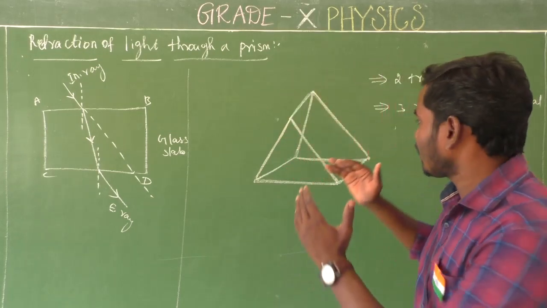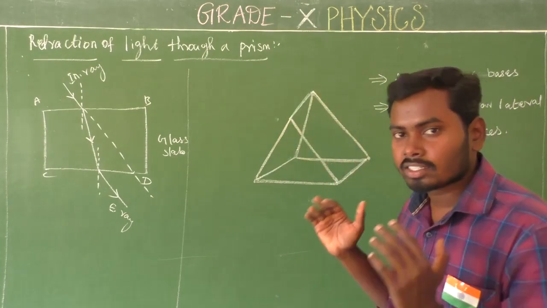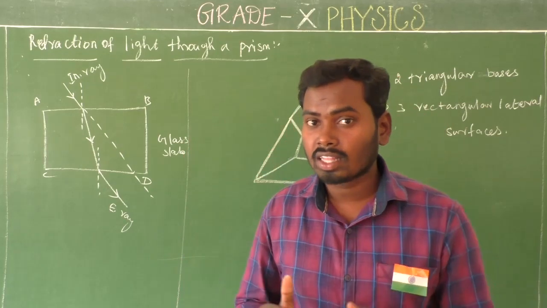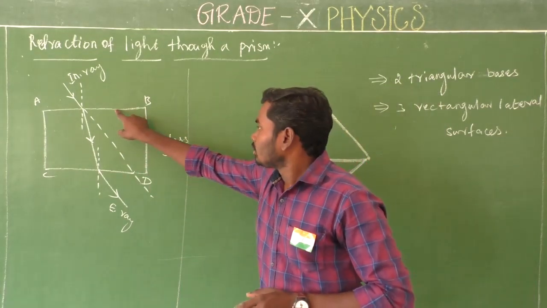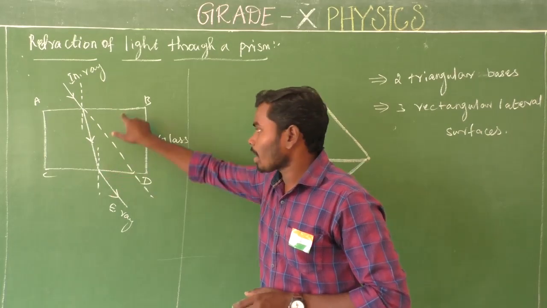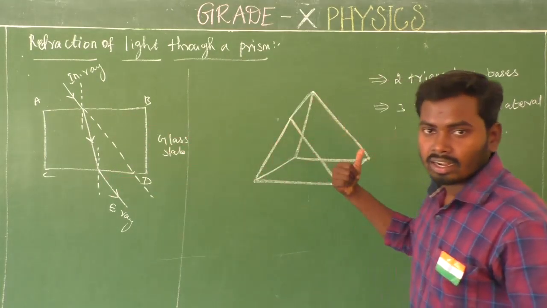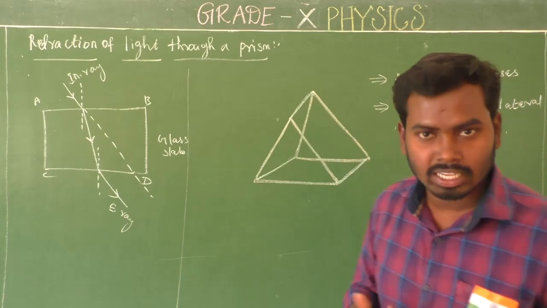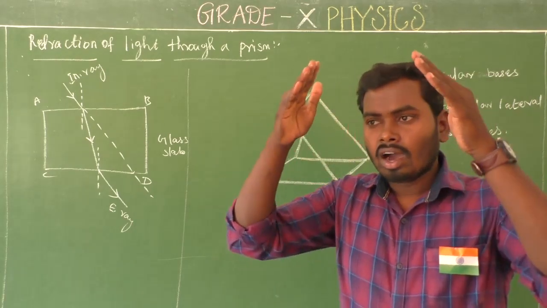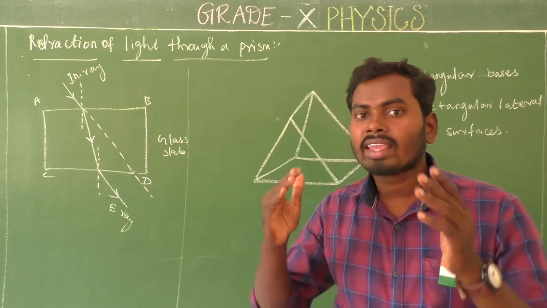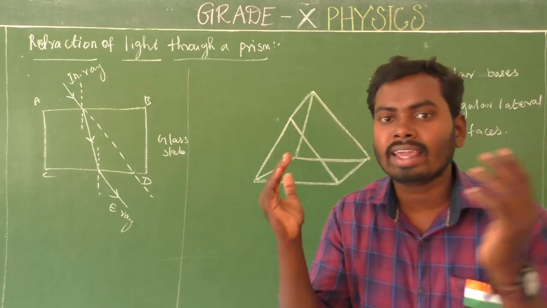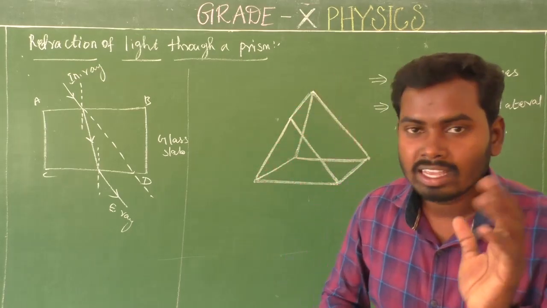Here the rectangular lateral surfaces are not parallel to each other. Keep this concept in your mind. But in a glass slab, this surface is parallel to that surface. In a glass prism, the lateral surfaces are not parallel to each other. They are inclined at an angle between them.